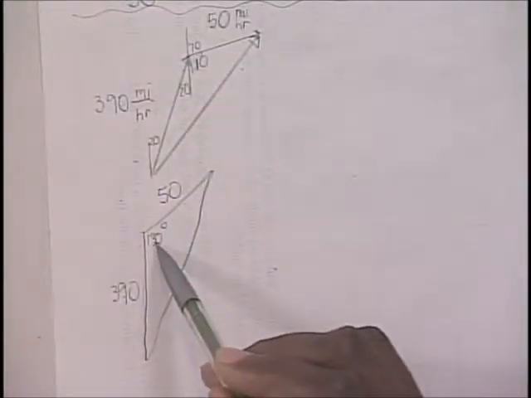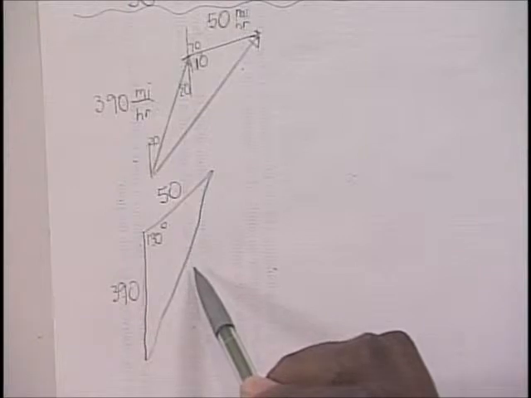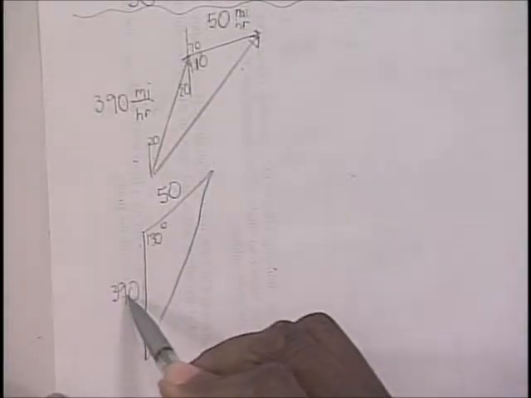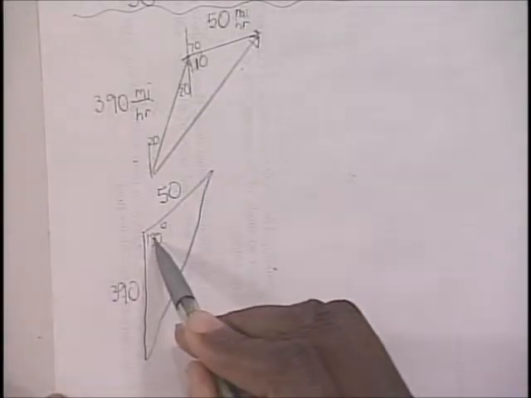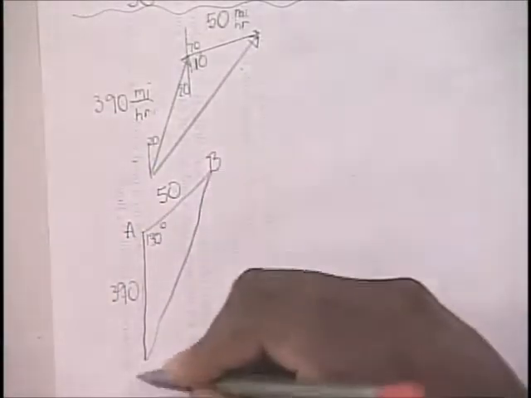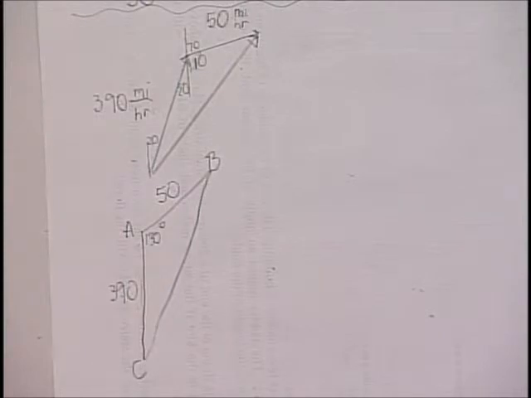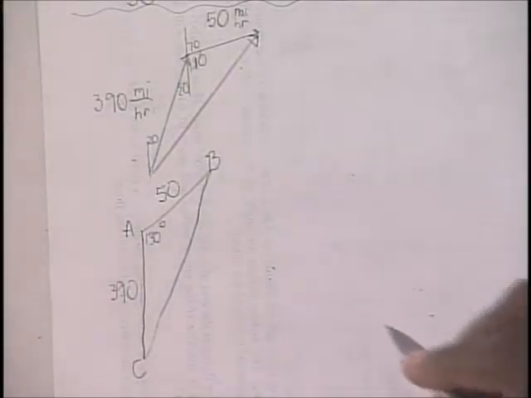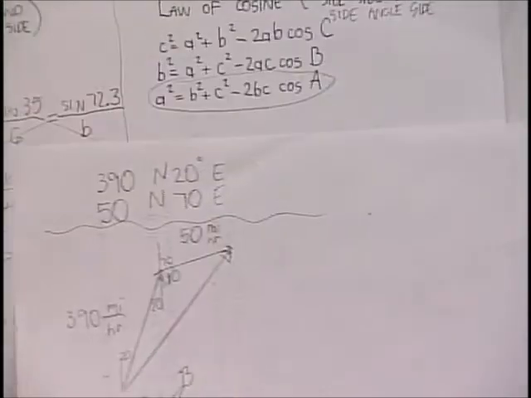You have an angle, but you do not have the opposite side. Let's call that A, that B, that C. So you must use the law of cosines.